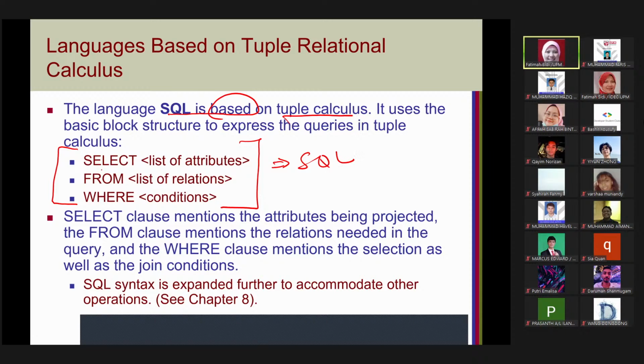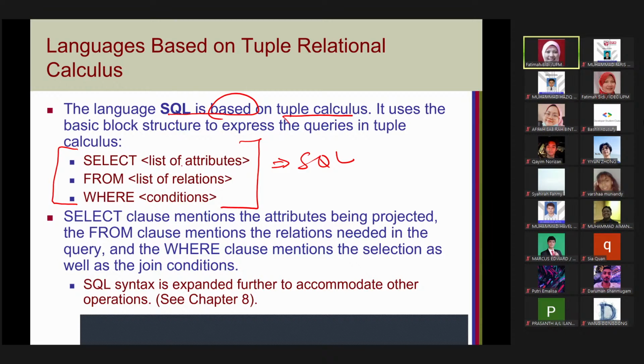So you have select. Select is different from the select of relational algebra. When you talk about select in relational algebra, it is the condition. But in SQL, the query starts with select, and you need to write a list of attributes. In the algebra, we call it project, right?